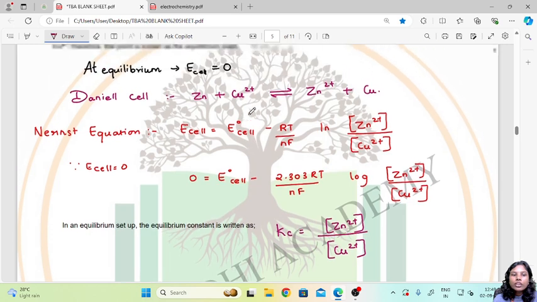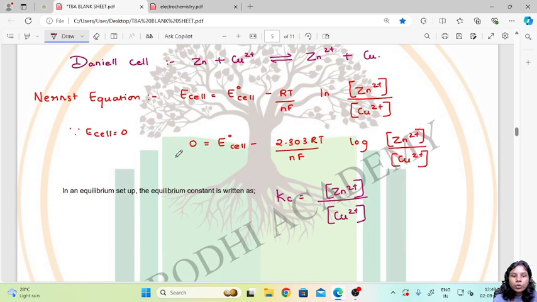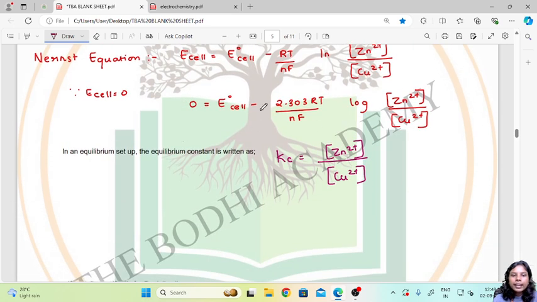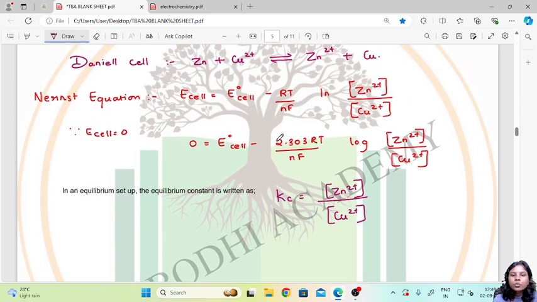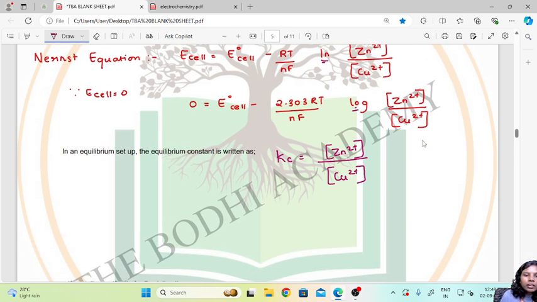In this case we have added 2.303, removed the ln, and entered log here. Now if we consider E cell is 0, this we will get on this side.